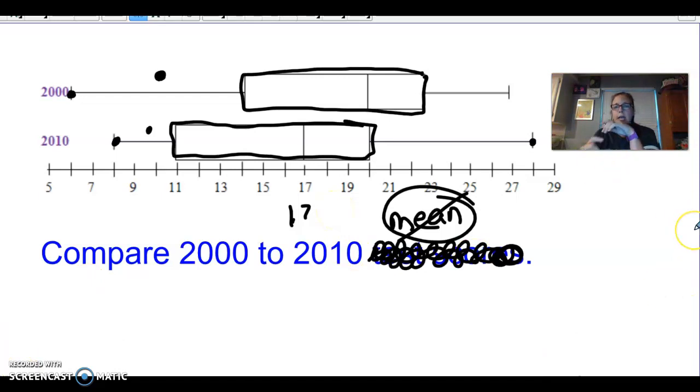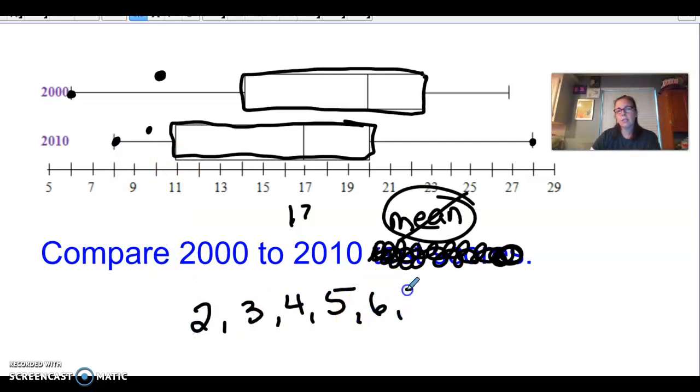Oh, one last thing. If you have numbers like 2, 3, 4, 5, 6, 7, 8, and 9, and you have to find the median to start, okay, so we mark them off. You don't have to do these, I'm just showing you. And this is our median, so it would be 5.5, which is okay.